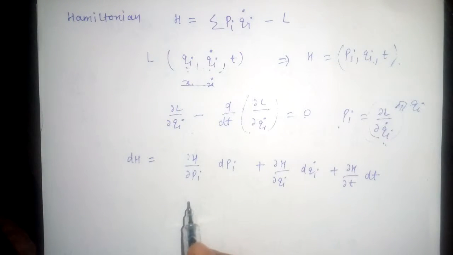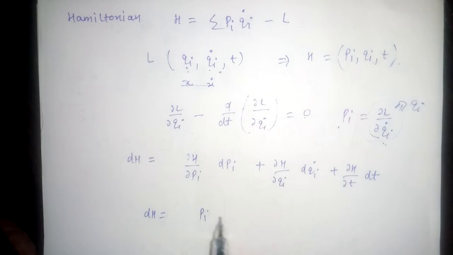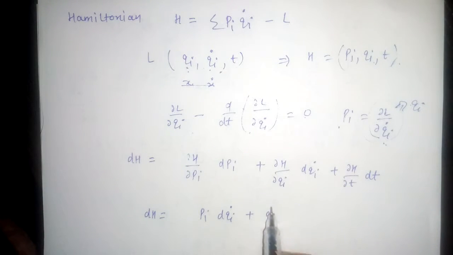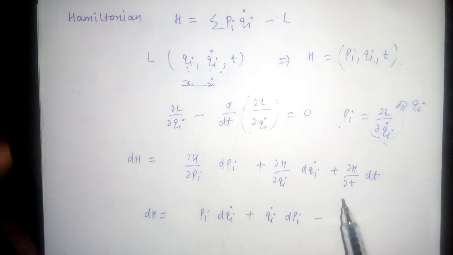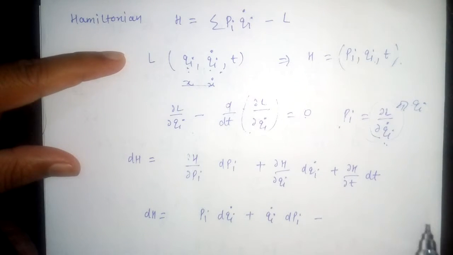Let's remove the solution, and I'm just writing in terms of pi and qi dot, dH will be, from that equation, pi dqi dot plus qi dot dpi, minus, put the chain rule for the Lagrangian here.